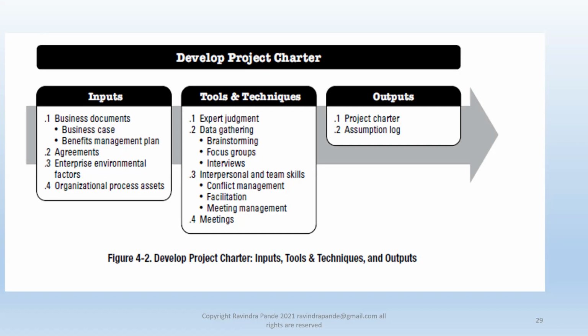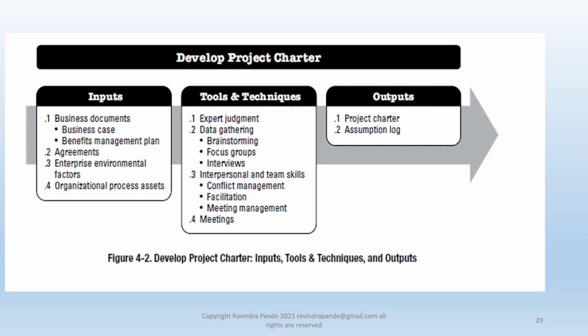Enterprise environmental factors are all the factors affecting your projects from outside the organization, and organizational process assets are basically supplementary policies, processes, adoptions, templatization, standardizations adopted by your organization to complete this project effectively and efficiently, with the help of lean management and so on and so forth.